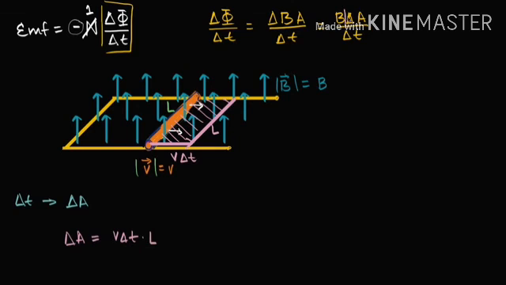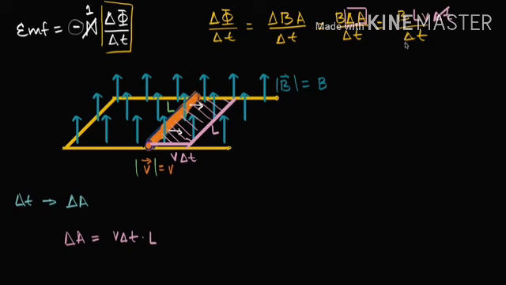So then we can substitute that back over here. So this is going to be equal to, we've got our B, we have our change in time, and our change in area, we just said, I could write it as the length of our rod times the magnitude of our velocity, or our speed, times our change in time.